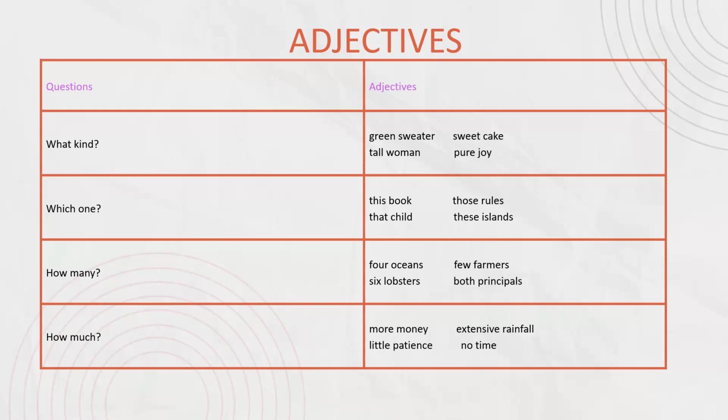So, if the book is with, nasa akin yung book, or it's somewhere near me, the adjective pronoun that you're going to use is this. Okay? This. When we're talking about singular noun, this book.